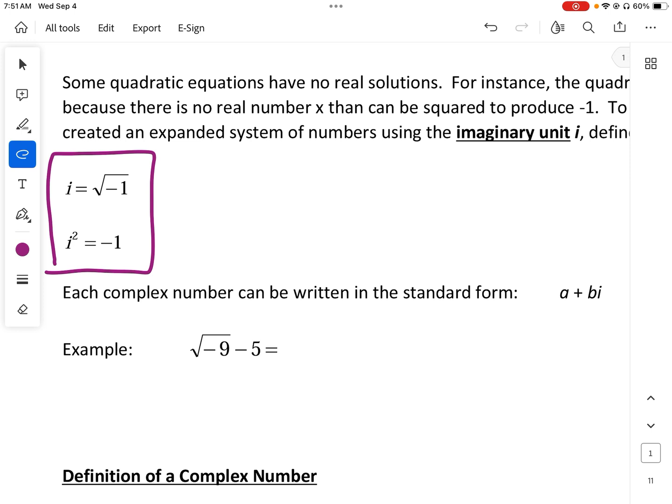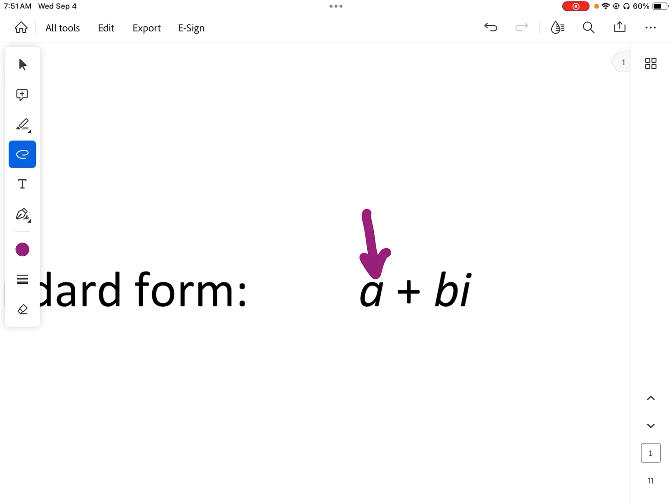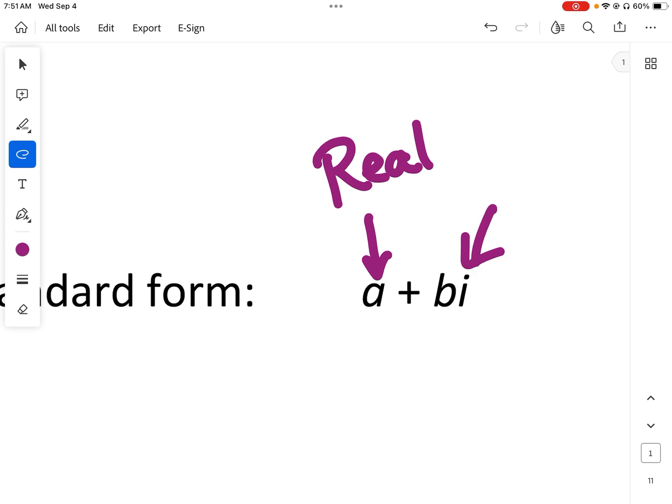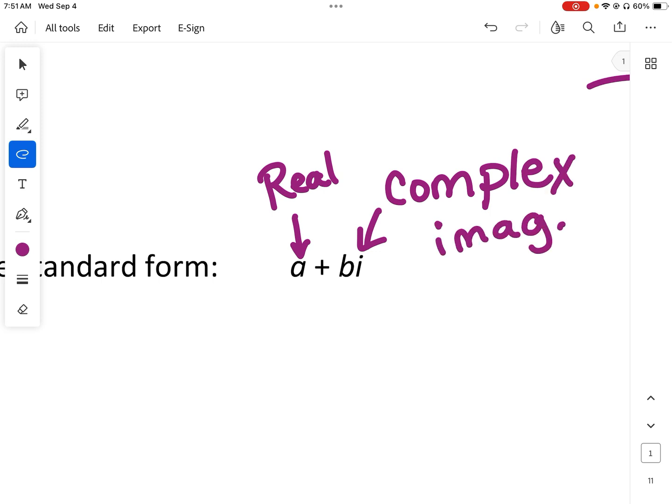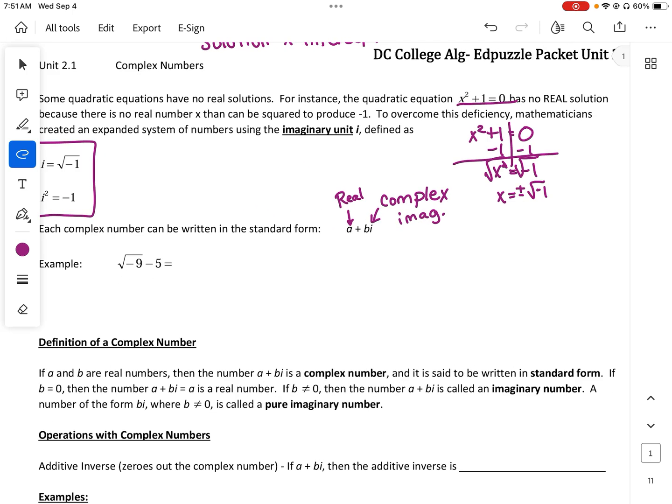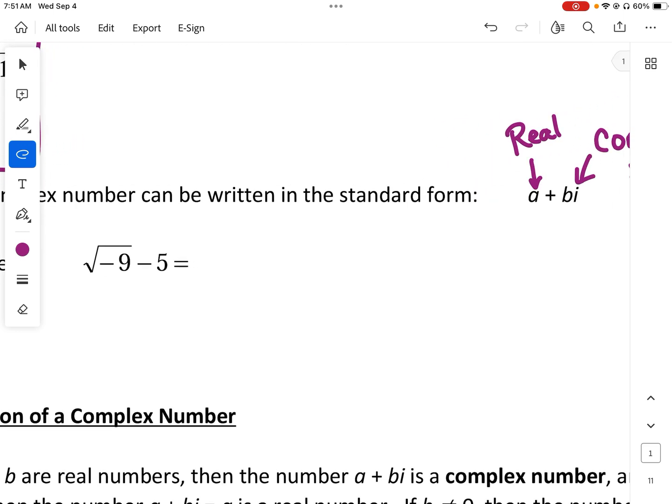Okay, each complex number can be written in standard form. This is our standard form: this is our real part, and this is our imaginary part, or complex part. So we would want to put the real part first, so I'm going to write negative 5. Then I'm going to break this down.